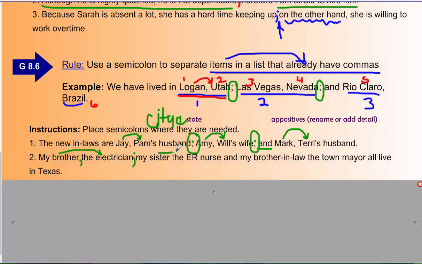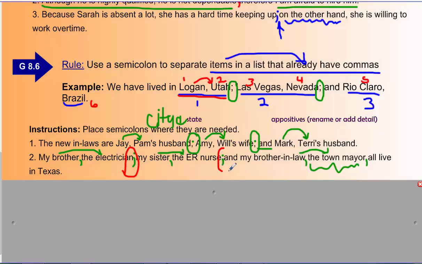My sister is an ER nurse. My sister, comma, the ER nurse, semicolon. And my brother, who is the town mayor, so here comes the appositive, my brother, the town mayor, comma. We set off an appositive with commas. Our list items are separated by semicolons. And they all live in Texas.